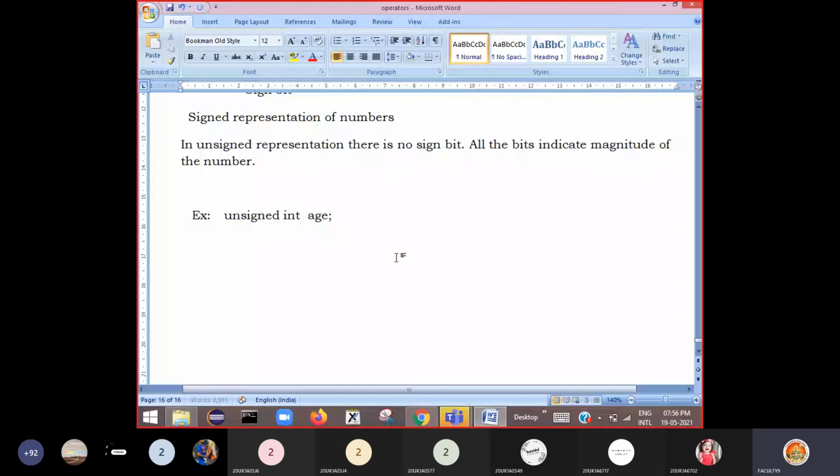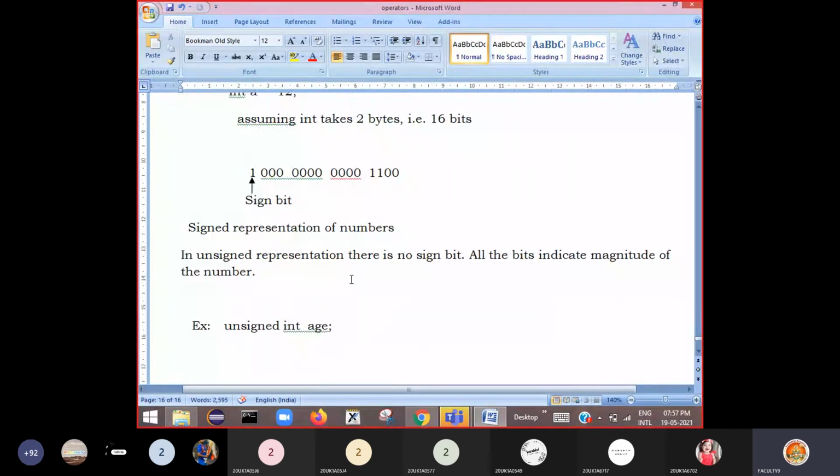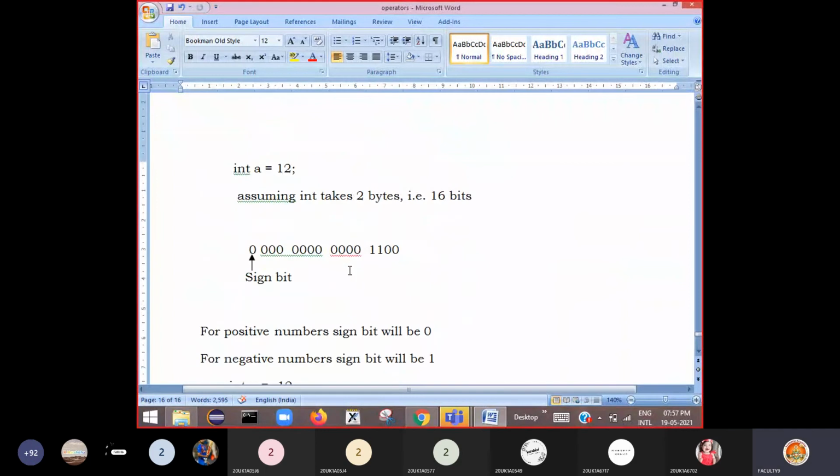Unsigned int. Then the compiler understands that this is unsigned, and there is no need to use a sign bit here. That's how you can inform the compiler. Is it clear?